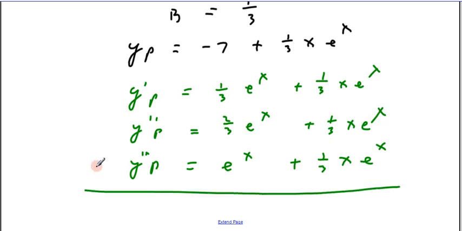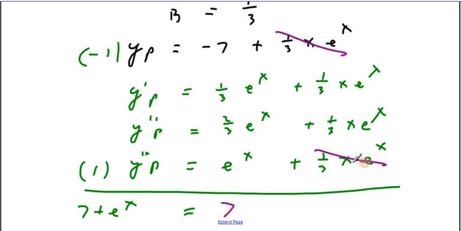I want 1 of him minus 1 of them, and when I get done I want 7 plus e to the x. Okay, well, let's see. I got 7, that's convenient. These guys go away, and I've got plus e to the x, so it checks. Now, was that quicker than looking in the back of the book? I don't know. Probably wasn't.